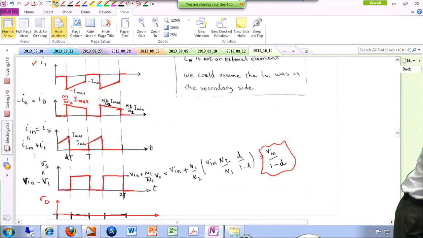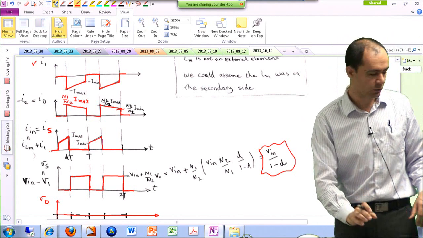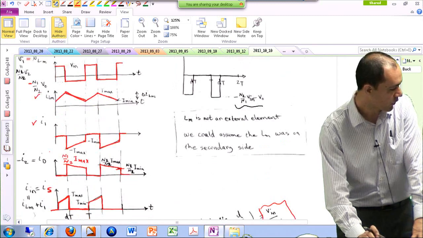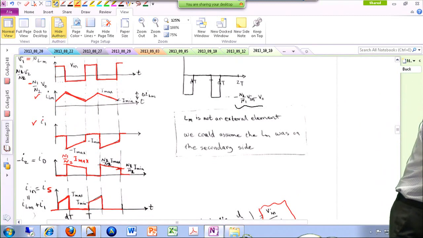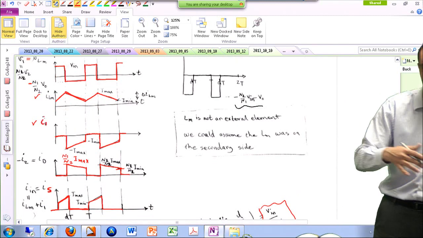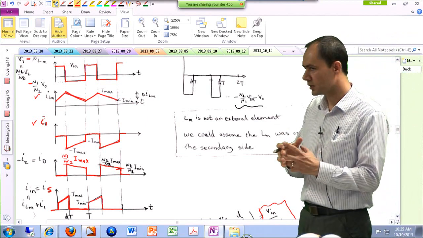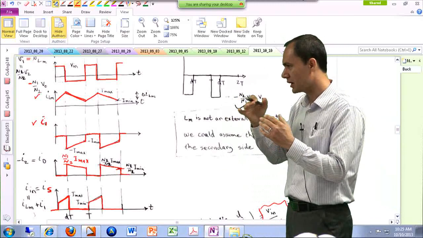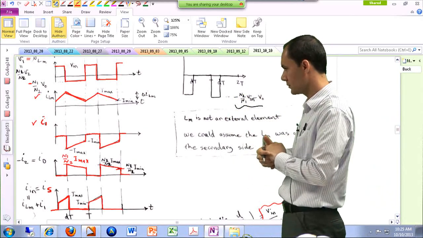We have IS, which is the current of the source. We can easily measure it. Then we will have a waveform like this, and you can say, okay, I've measured this, so I can conclude that, for instance, I1 looks like this, because the important information is the minimum and maximum value. While you have measured these, you can construct the rest of the waveforms.